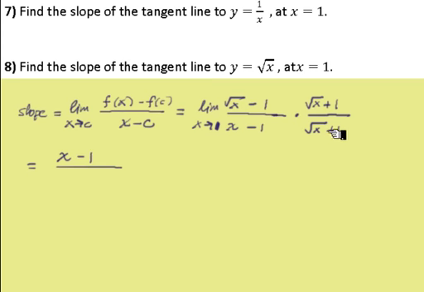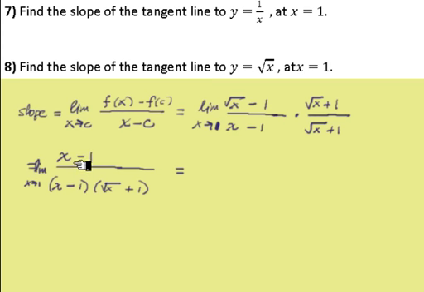And then let's multiply the denominators, but let's not FOIL them. Let's just write x minus 1 times square root of x plus 1. Again, I have to squeeze in here limit x goes to 1. We didn't take the limit yet, so we have to keep writing that. All right, now we can cancel.